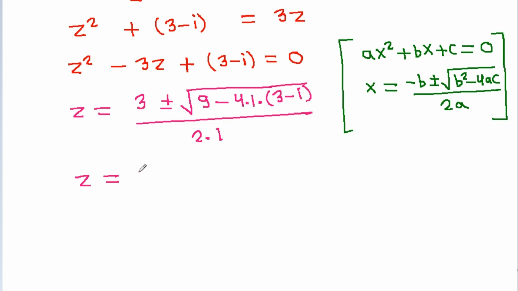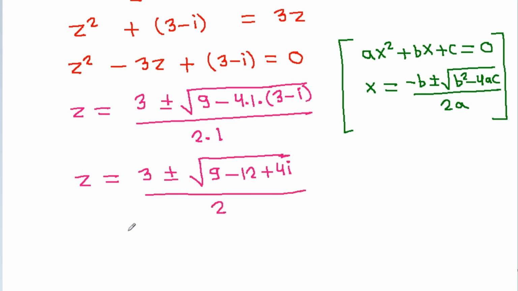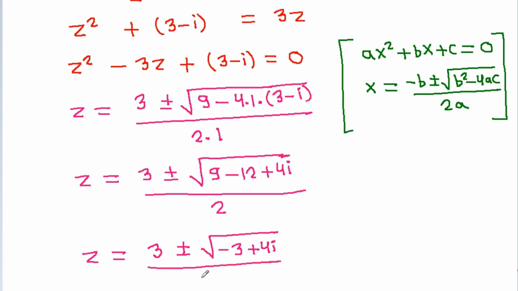And z is equal to 3 plus minus square root of 9 minus 4 times 3 is minus 12, and minus 4 times minus iota is plus 4 iota, by 2. And z is equal to 3 plus minus square root of minus 3 plus 4 iota, by 2.